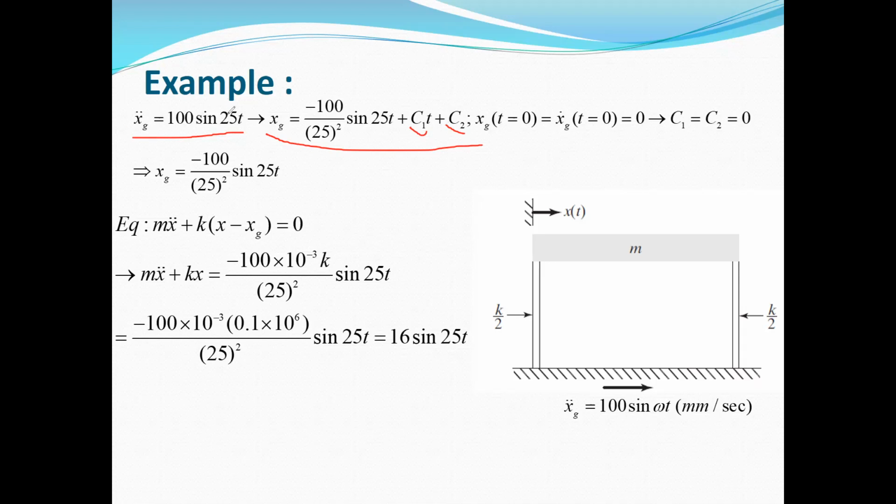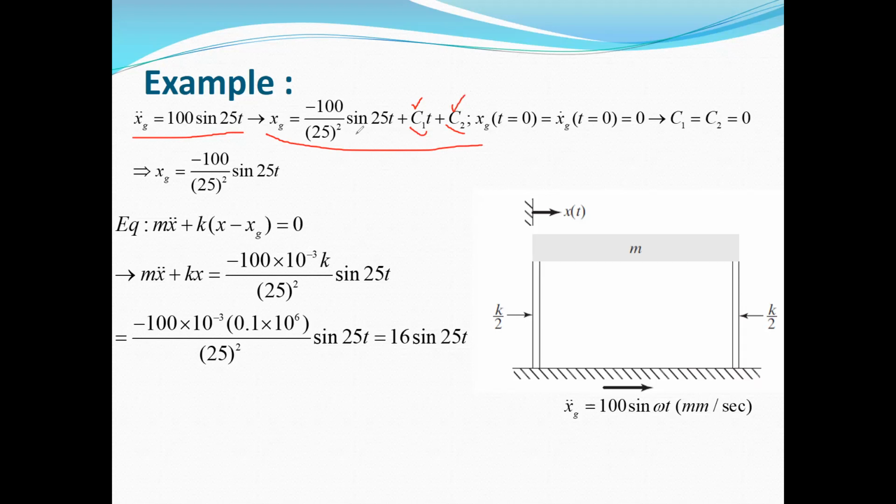The first integral of x double dot is minus 100 divided by 25 times cosine 25t plus c1, and the second integral will be minus 100 divided by 25 squared times sine 25t plus c1t plus c2. So c1 will be created in the first integral when calculating the velocity, and the second constant c2 will be created in the second integral when calculating xg.